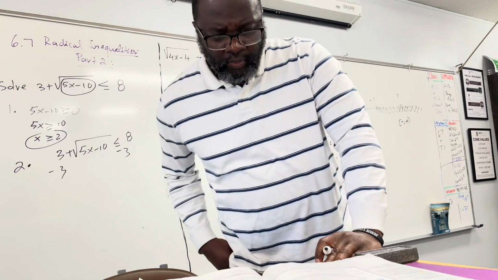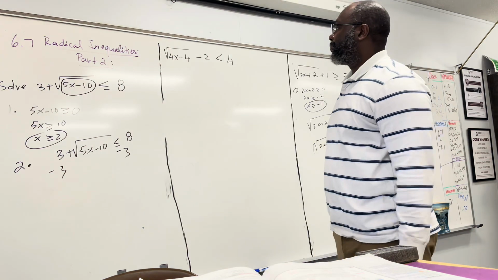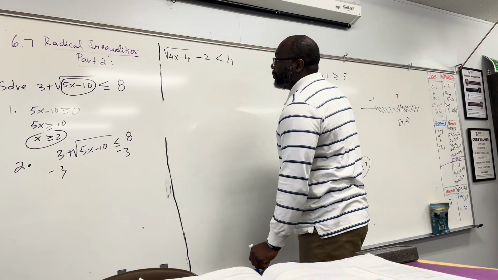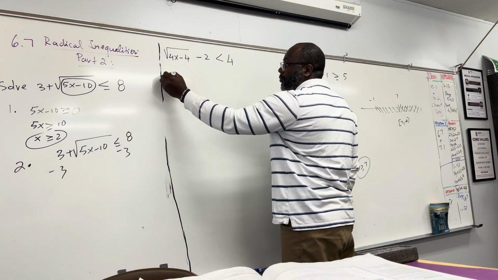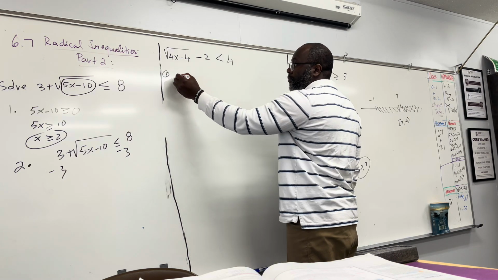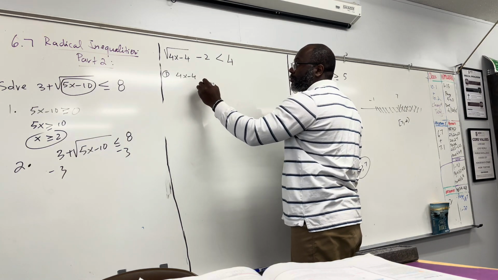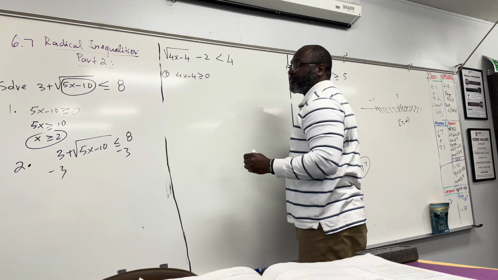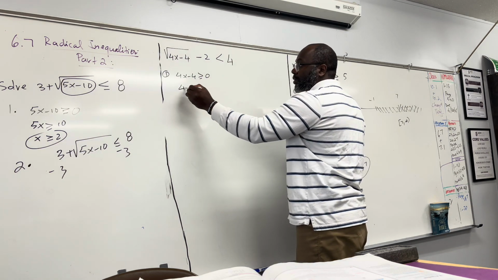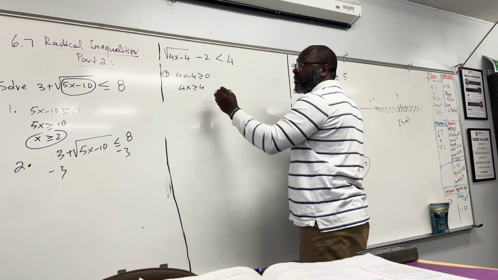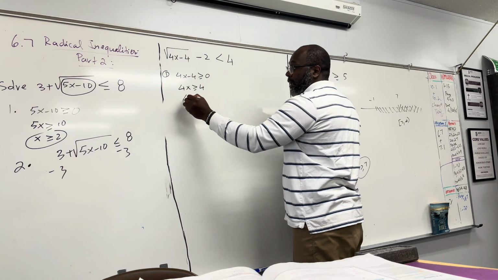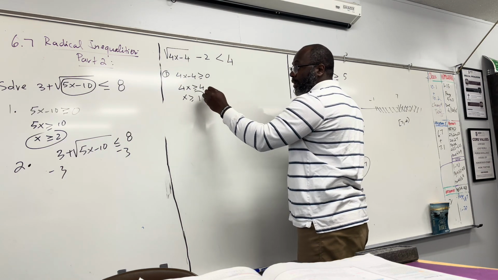So what has to happen? First, check. What's your first step? You have to set it up: 4x minus 4 is greater than or equal to 0, which means x is greater than or equal to 1.